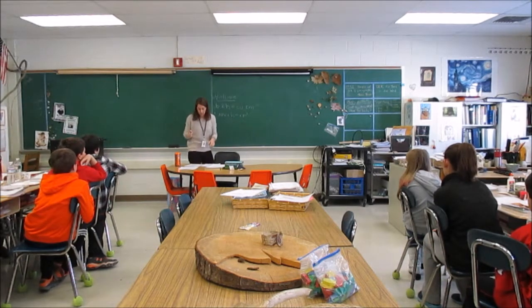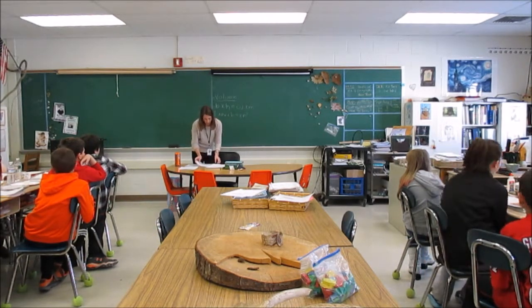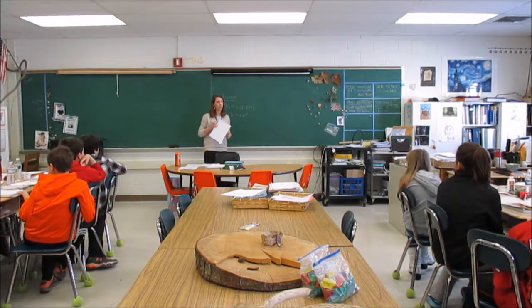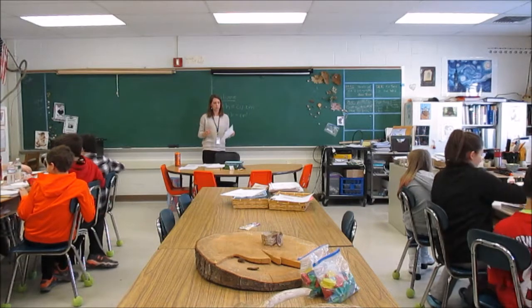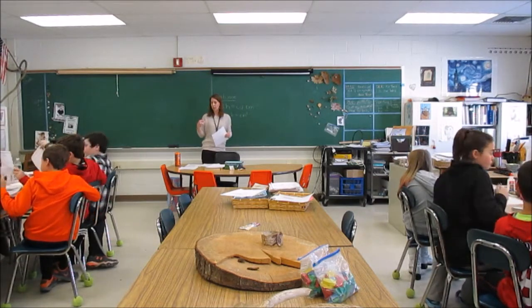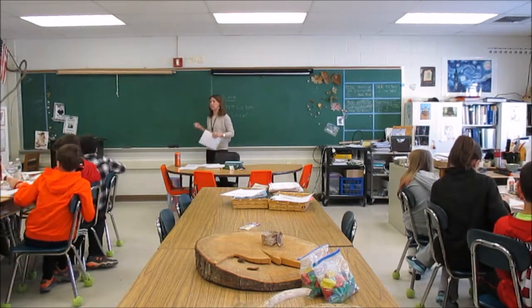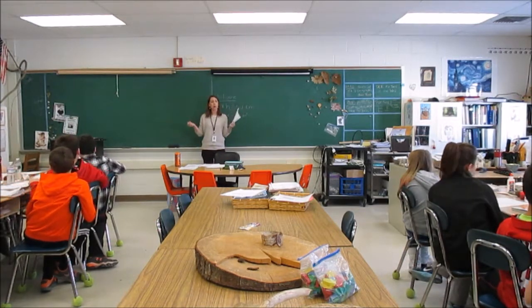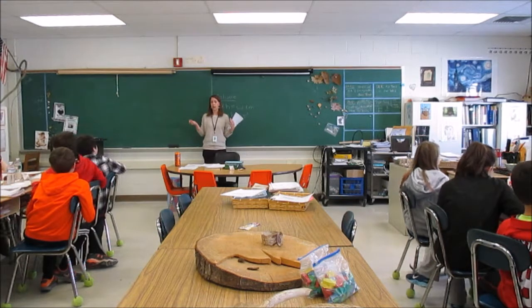Okay, so I gave you some homework on Friday. It was two-sided. We're just going to go over the front side first, and then pass them forward, and then we're going to move on to our next lesson. And our next lesson is going to be comparing volumes of different items.